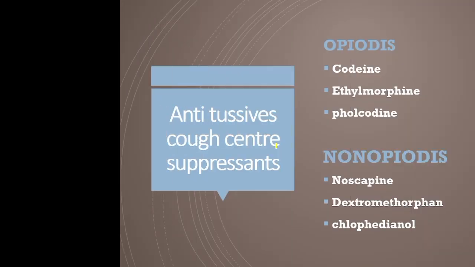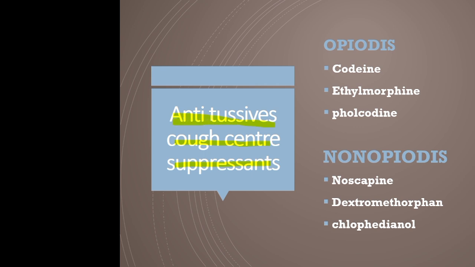Next, the next category of drugs under the classification of drugs for cough are the antitussives, also called cough center suppressants, meaning they suppress the cough centers from where the cough originates. That area can be suppressed by the antitussives.